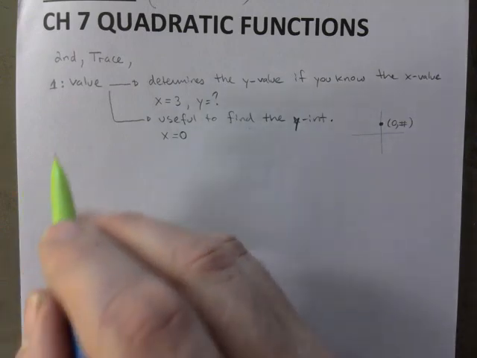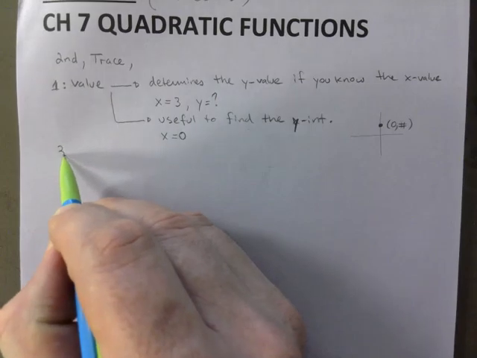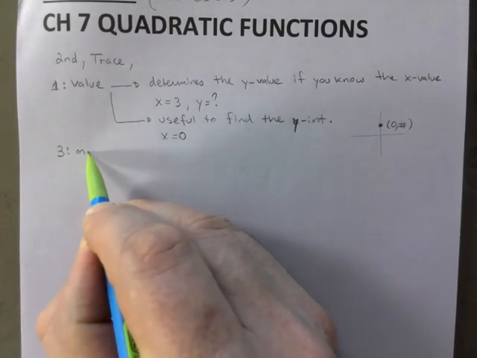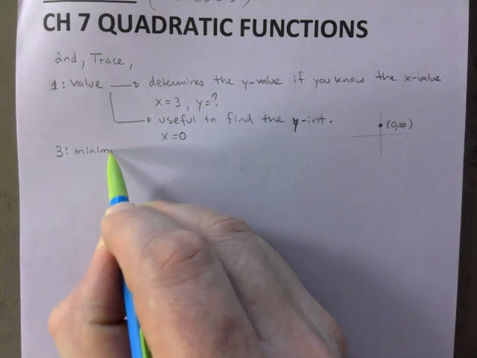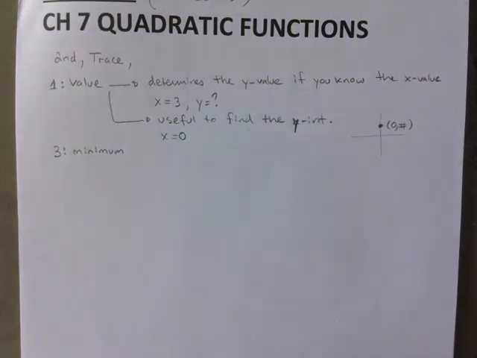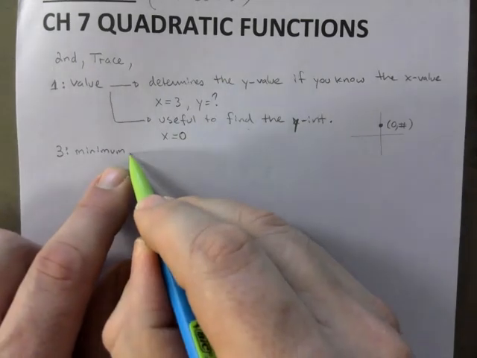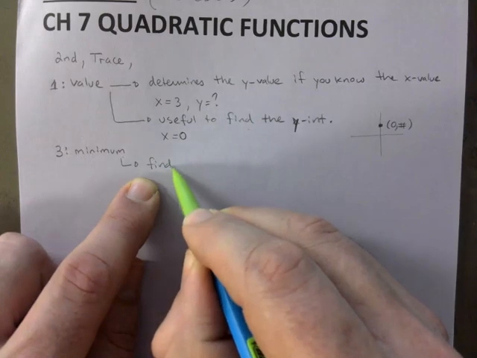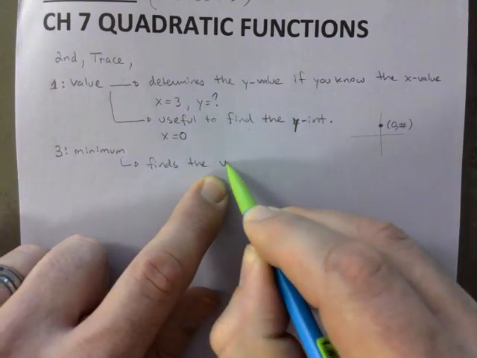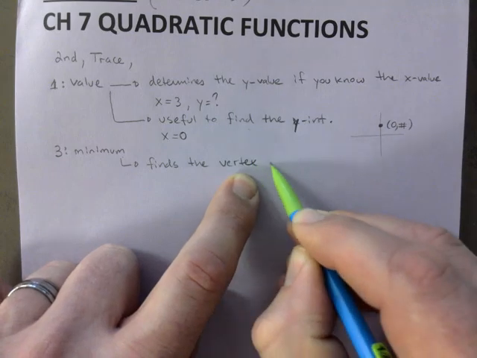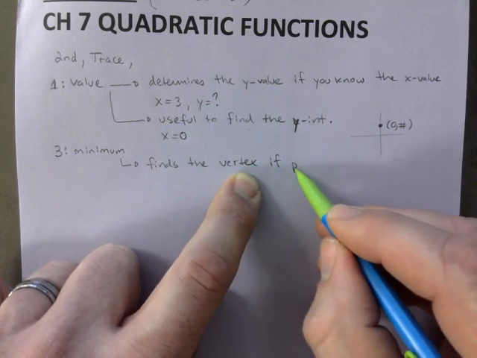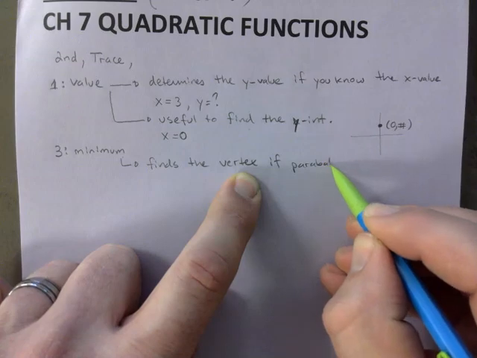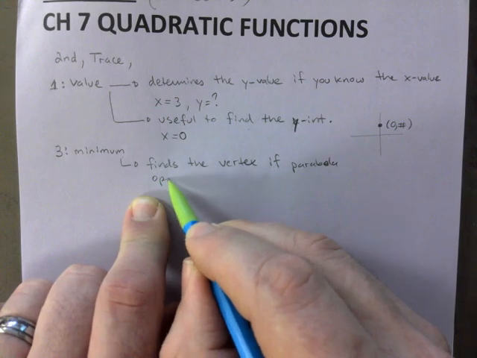The next one we're going to use is this one, the minimum. This one finds the vertex if the parabola opens up.